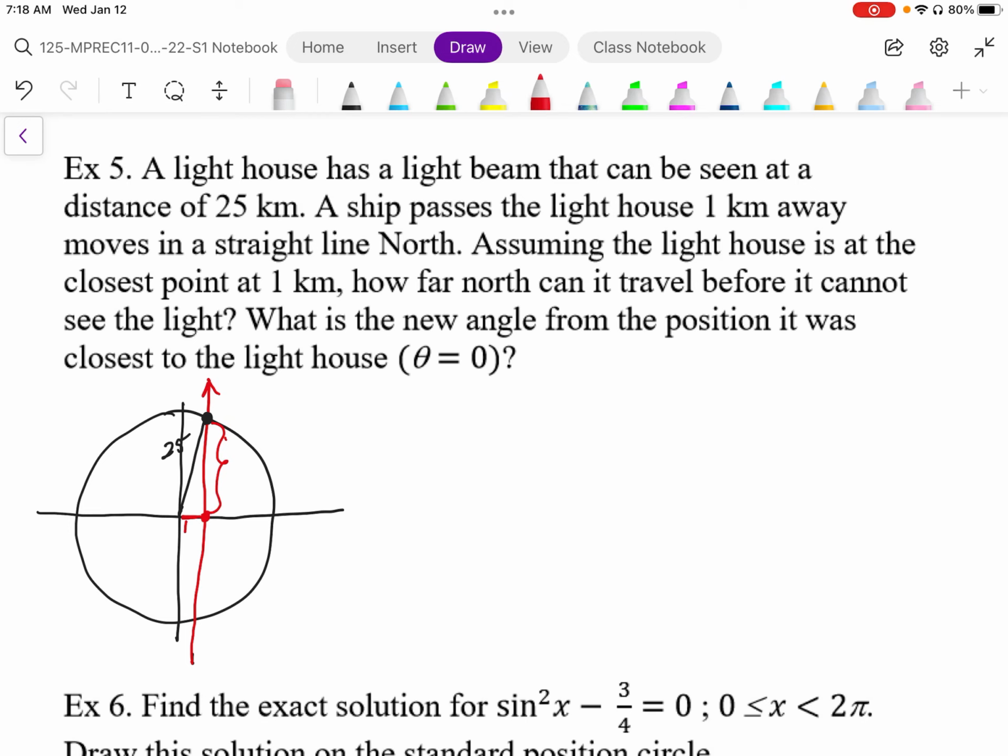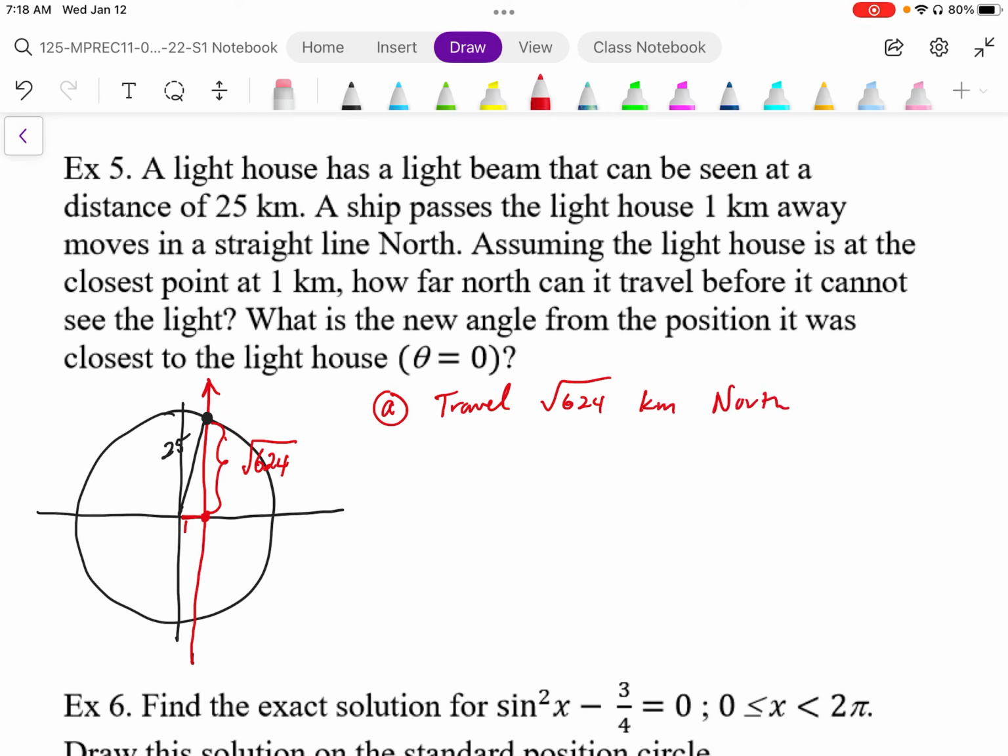So how far can it travel before it cannot see the light? So we're going to use Pythagoras, so it's going to be 25 squared minus 1 squared. So that's going to work out to square root of 624 in the positive direction. So for part A, it can travel root 624 kilometers north.